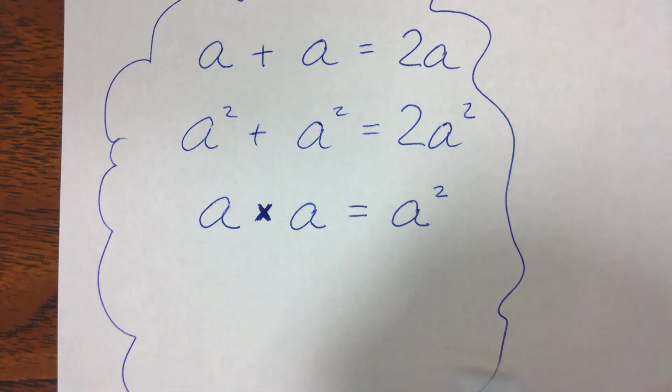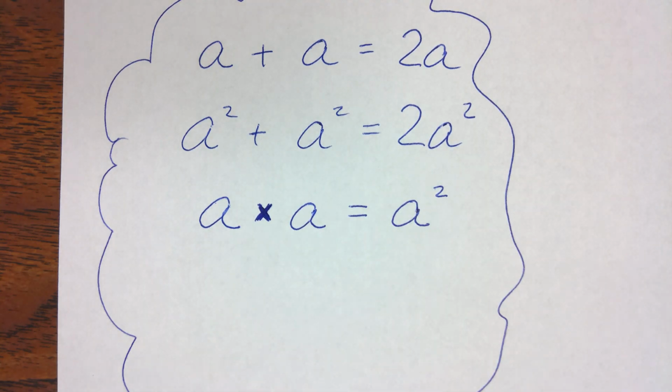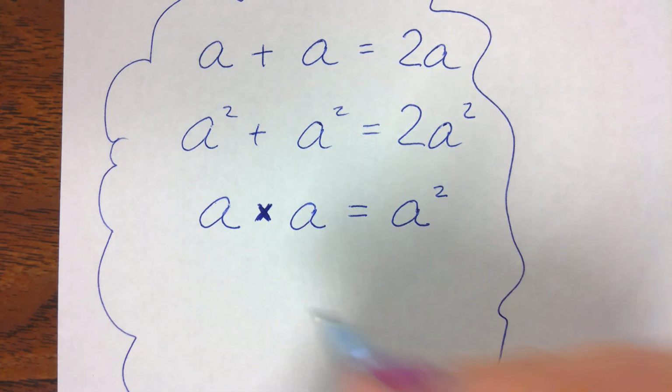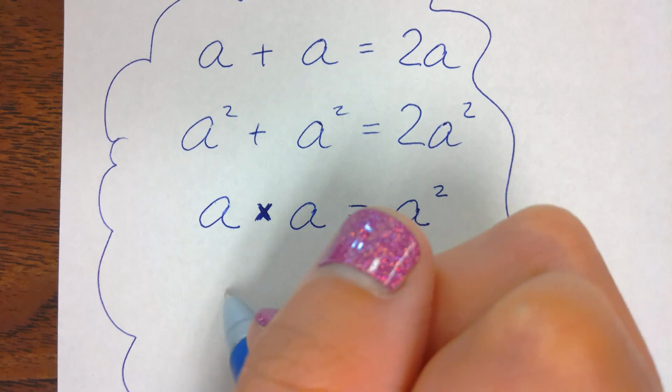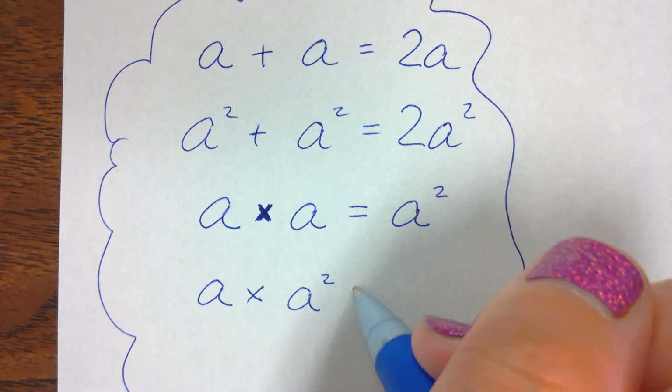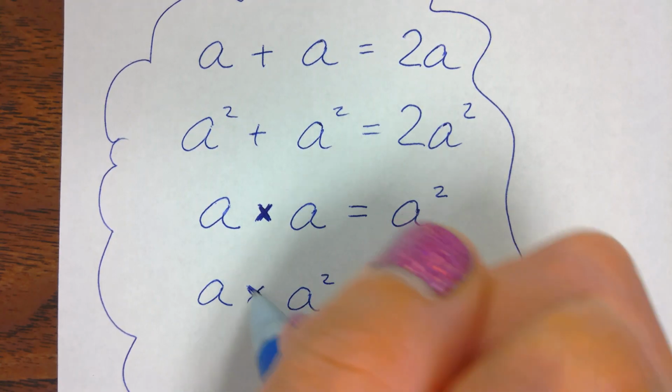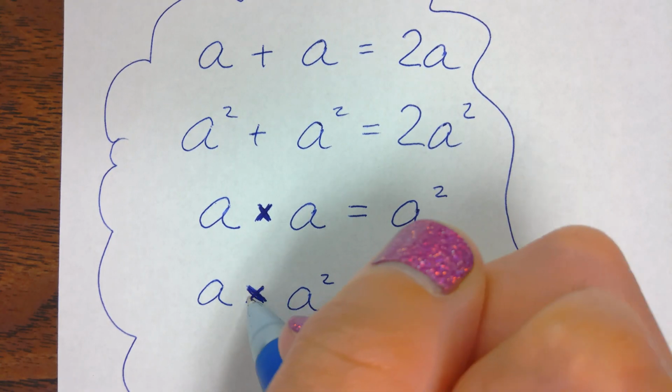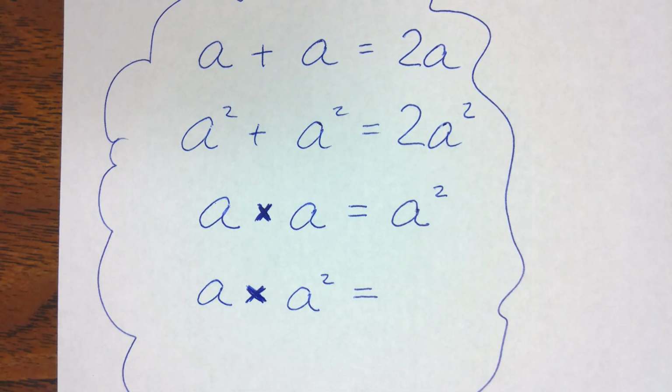And then what about this? Again, you're mixing it, you're multiplying it. What's the apple times the avocado?